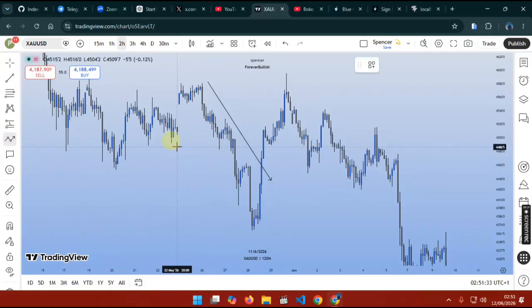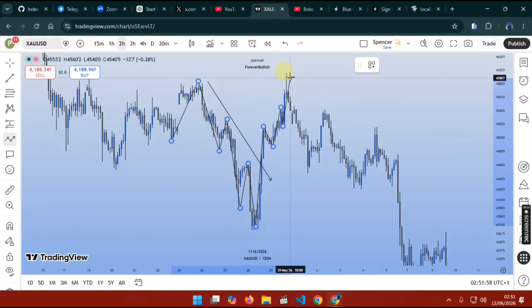You see here now, the market created a correctional buy, then an impulsive sell, a correctional buy, impulsive sell, a correctional buy, impulsive sell. The market changes to the upside: a correctional, an impulsive buy, a correctional sell, impulsive buy, correctional sell, impulsive buy.